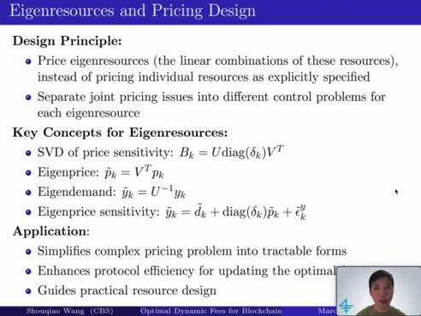For more details, you can read the eigenresources section in our paper. As you can see, the design simplifies the complex multi-dimensional pricing problem into several one-dimensional pricing problems, which will enhance the efficiency of the protocol. Thus, it will provide some insights for practical resource design.